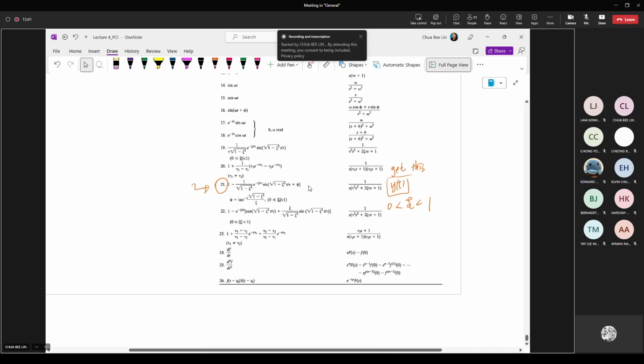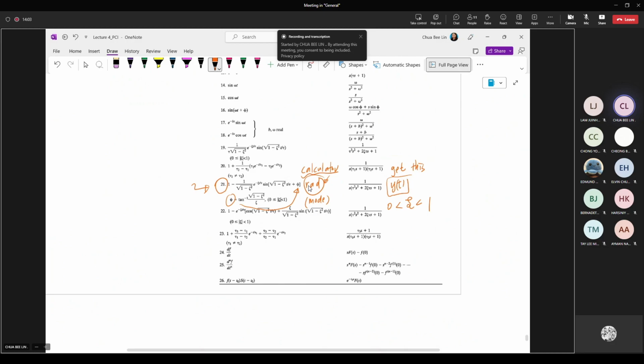Okay, then you can see this phi you have to substitute into this one, and for all of this you have to change your calculator to radian. So the mode in your calculator can be degree, can be radian.